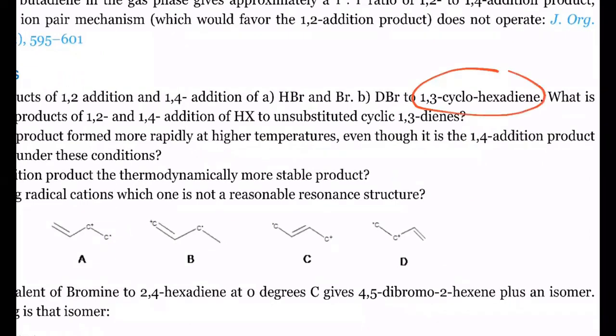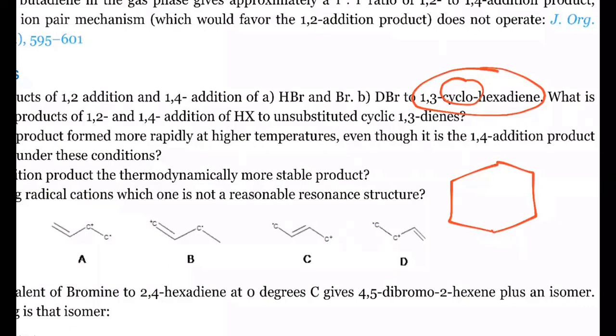1,3-cyclohexadiene. What does that look like based on the name? Let's break down the name and see if we can figure out what that looks like. Is it a ring? Yes, it is a ring because of the cyclo part. What about the hex? How many carbons in the ring? 6. So it's going to be a 6-member ring like that, right?